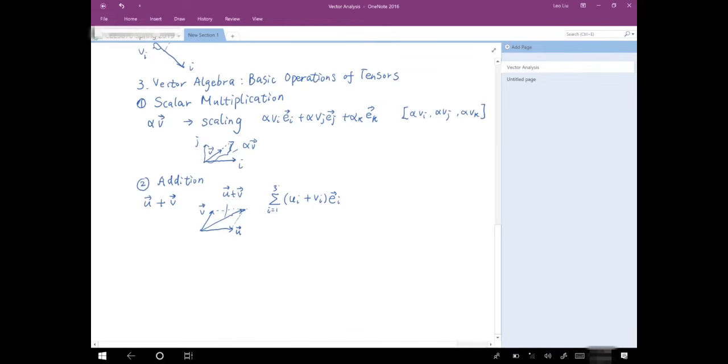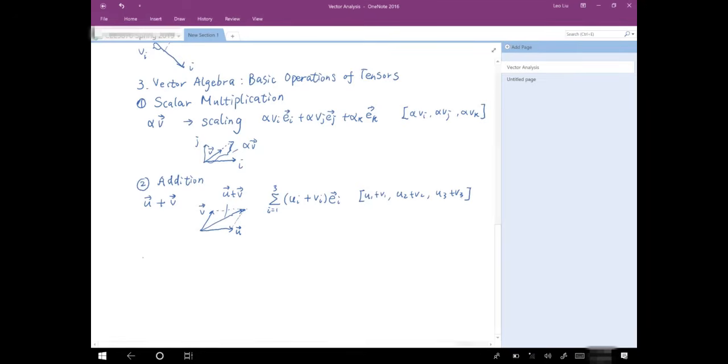And if we want to use the array notation, here it is U1 plus V1. That's the first element or entry of this array. So the second element is U2 plus V2, and the third one is U3 plus V3. So this is addition.